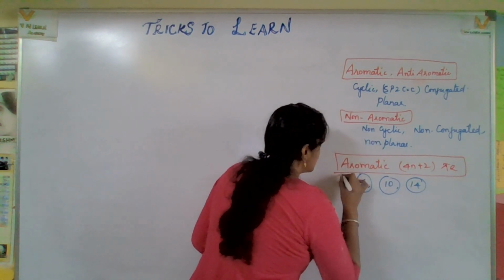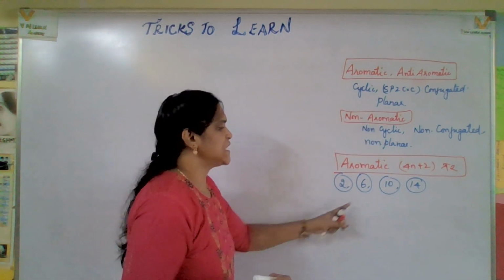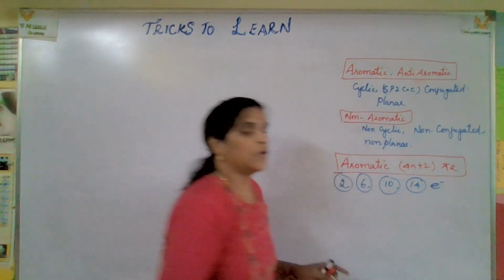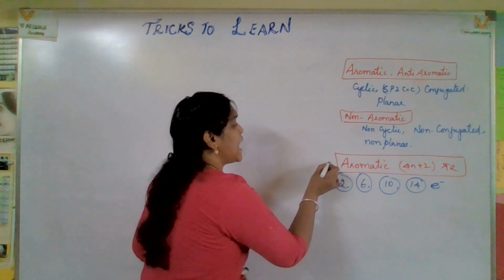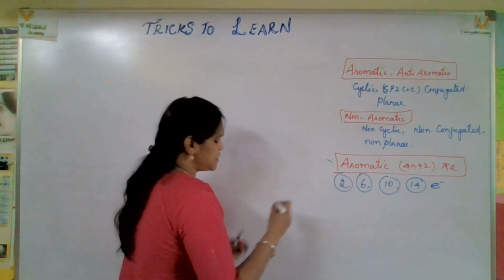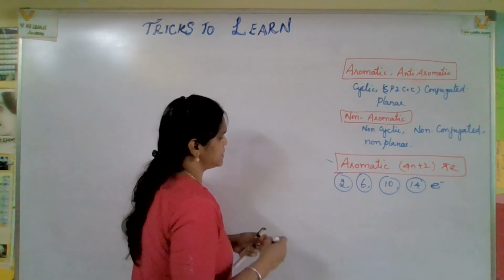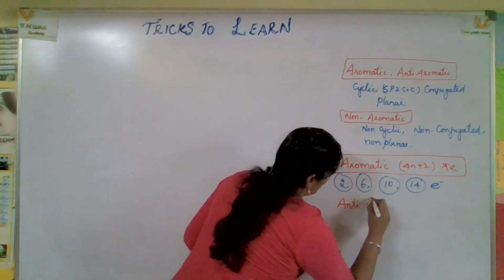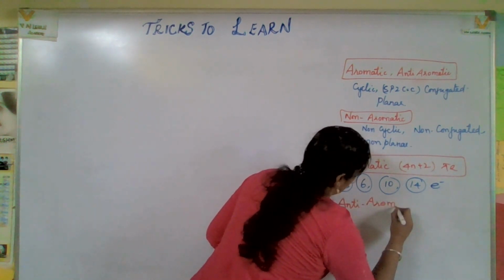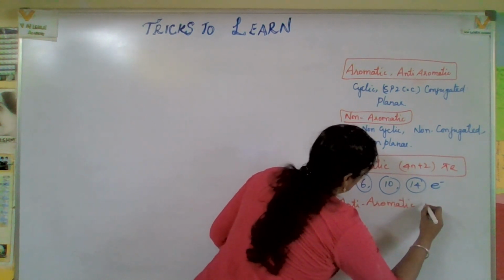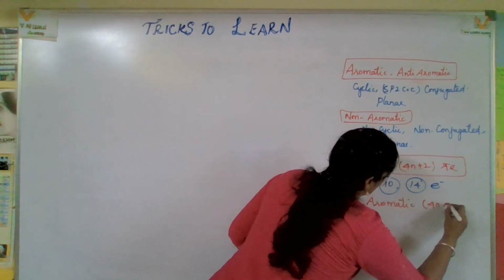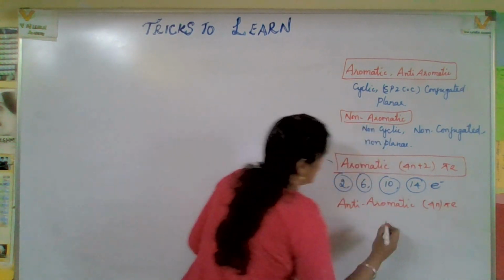So 2, 6, 10 and 14 electrons: if it comes, that is an aromatic compound. Now, anti-aromatic means 4n pi electrons.